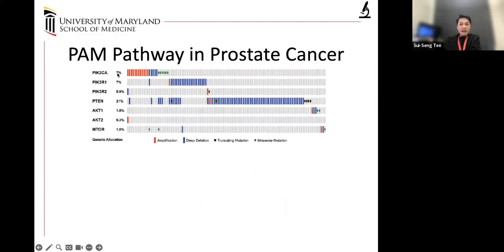PIK3CA, the first component of the signaling pathway, is mutated in 7% of cancers, and a lot of prostate tumors see a deep deletion of PTEN. This is where the off signal is gone, where the PI3 kinase pathway goes wild in prostate cancer.